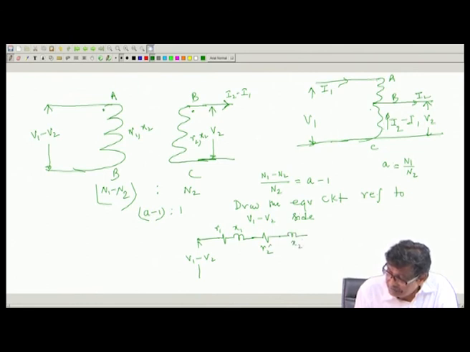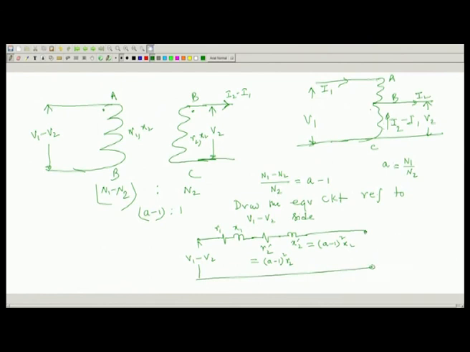and X2 dashed. Now, the big question is what is this R2 dashed in terms of R2? Turns ratio is this. So, this must be (a minus 1) whole square into R2, not a square into R2. Similarly, this X2 dashed should be equal to (a minus 1) square into X2. Is it not? What voltage should I write here?